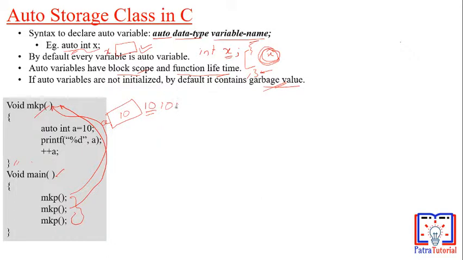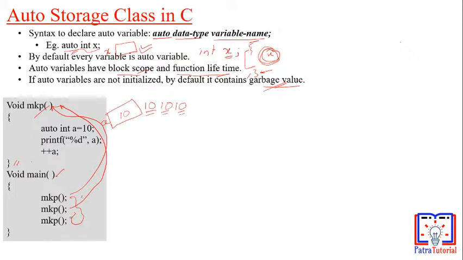I think you have understood what I am saying. Since the lifetime of an auto variable is function lifetime, once the program execution reaches this point, this variable will be vanished, flushed out, removed or deleted. So when the function is called again, it will come here and reinitialize the value of a to 10 and print 10 only.